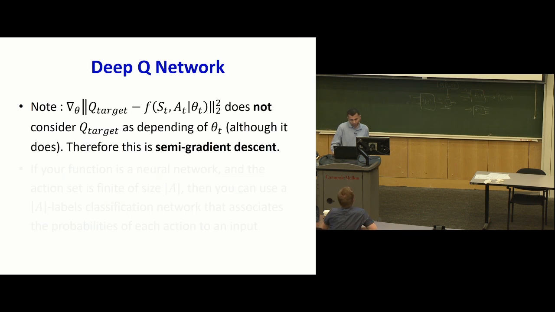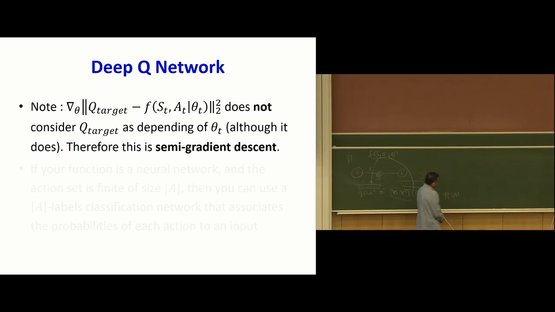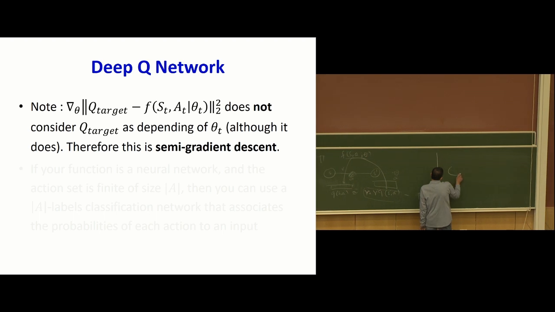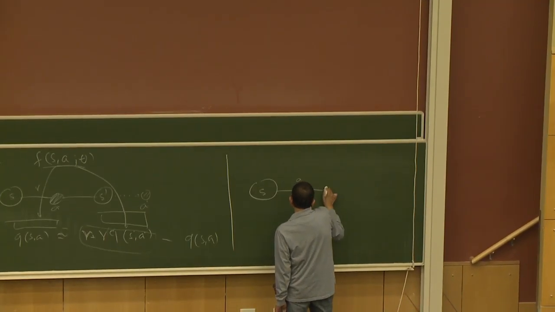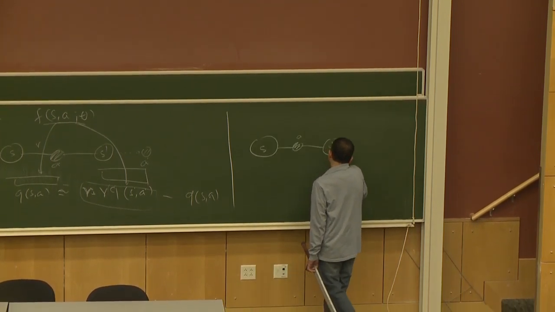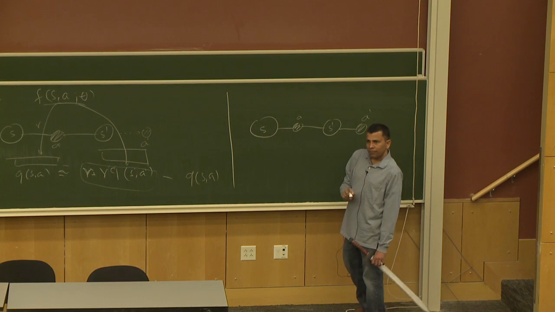Now, keep in mind that there are two things over here. Let me draw this again, right? You had state, you had action, which gave you a state S prime. You had an action A prime, which you chose greedily from here.